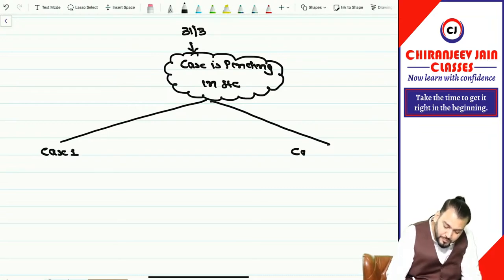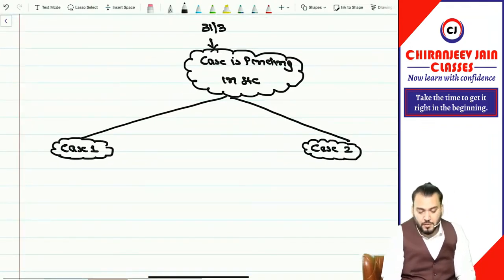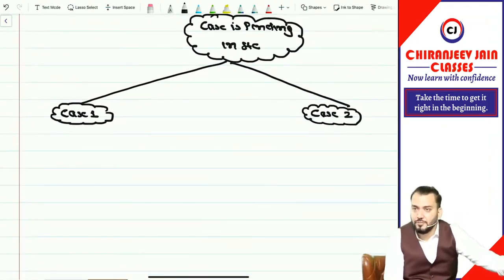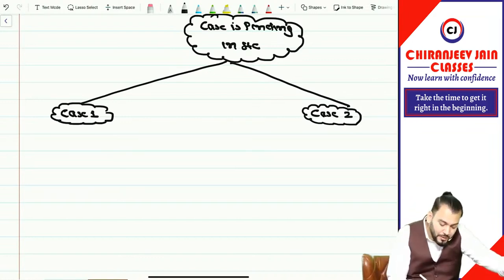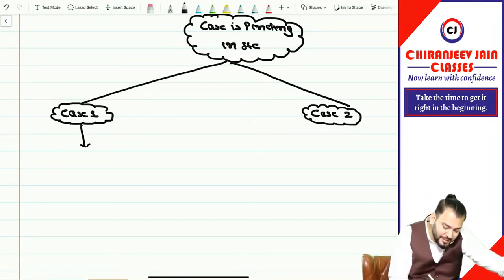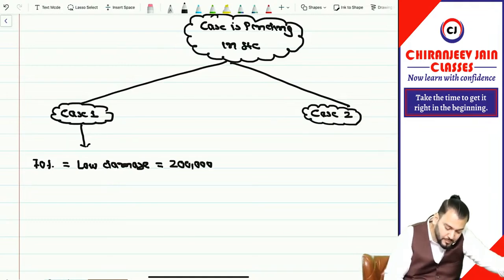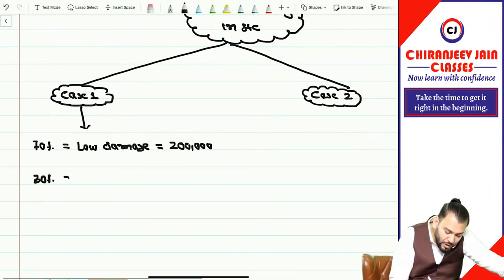Case 1, case 2. As per the expert, meaning the lawyer, they said there is a 70% chance of low damages, the amount being 2 lakh, and a 30% chance of high damages.